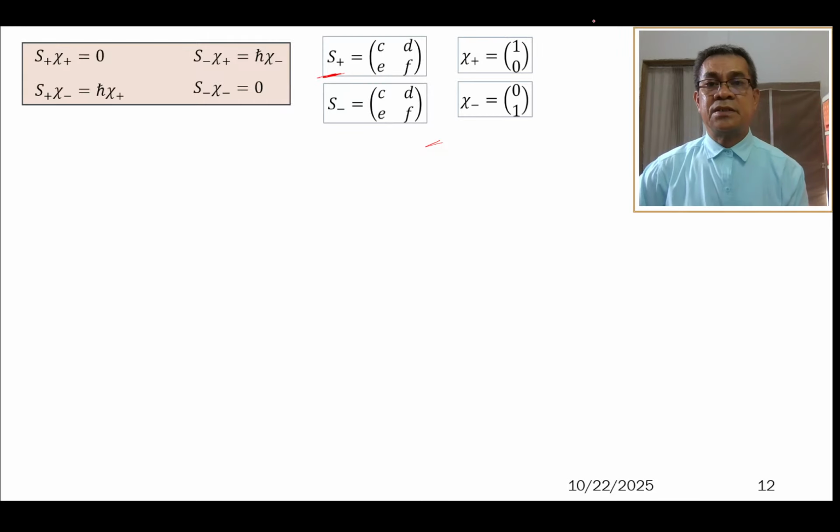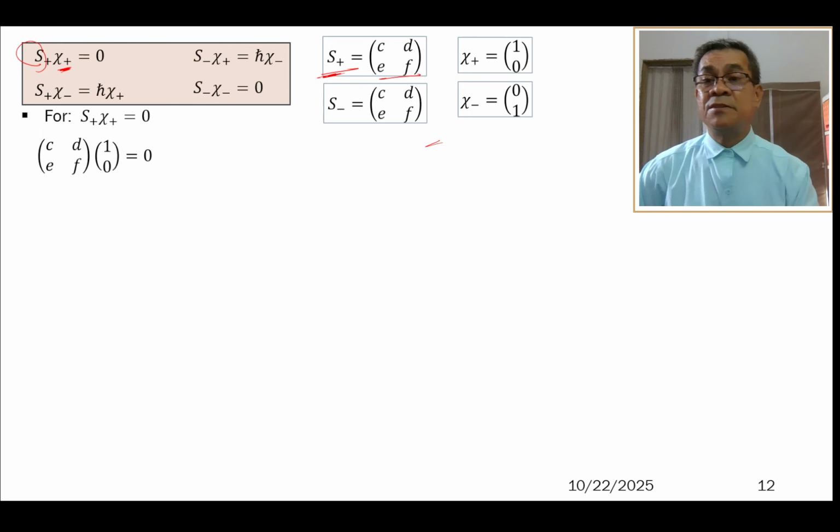So this raising operator, which is this one, we have this, and substitute that plus psi plus, which is the spin up. Okay, then you can also substitute the lowering operator here. Then we can solve everything. So then substitute, then it should be equal to 0.